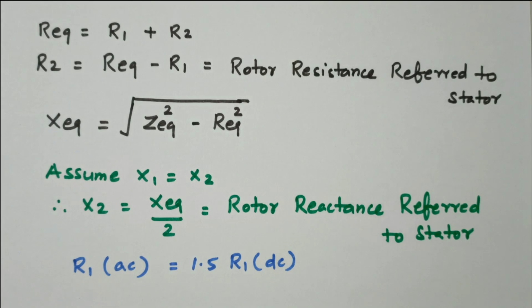So in this video, we discussed the tests performed on the single phase induction motor, the no load and blocked rotor test. In the no load test, the load is not applied, the motor rotates at rated speed, slip equal to 0. Based on that, we can measure no load current, no load voltage, no load power. From that we can find the no load power factor.